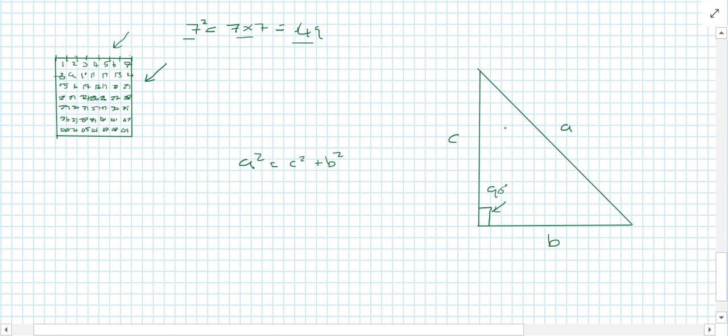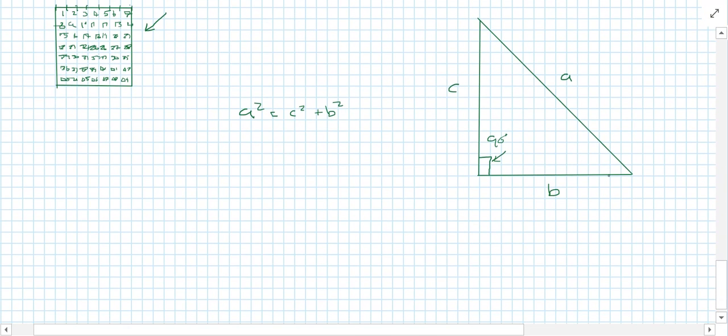So what does that mean? What it means is that if you were to take, for example, B, and make a square out of it with the length that we have here.